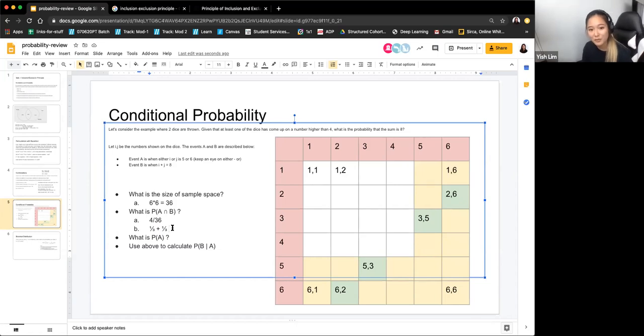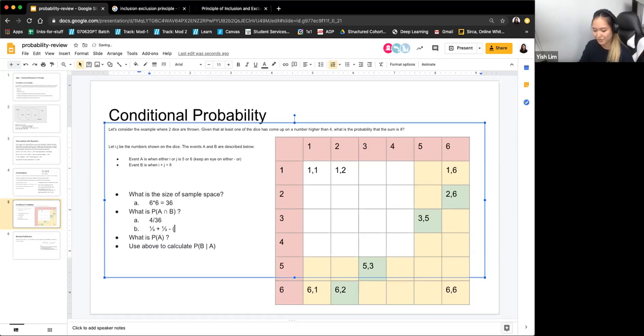For both of them to be 5 or 6, you have to think about the probability of the other dice also being 5 or 6.